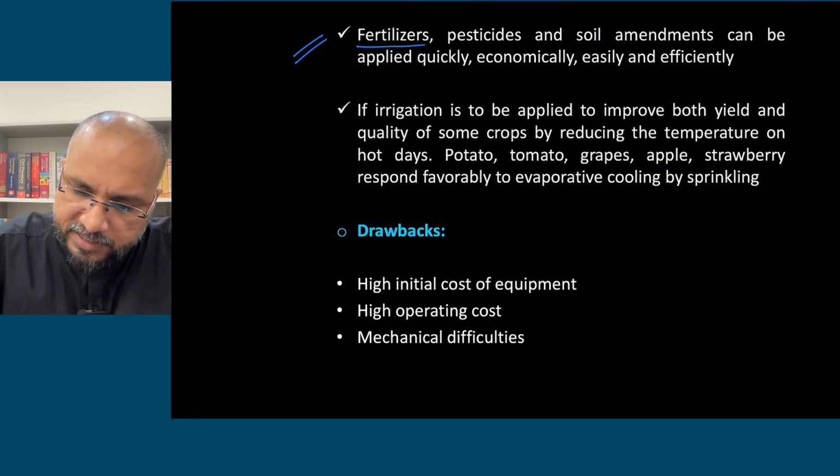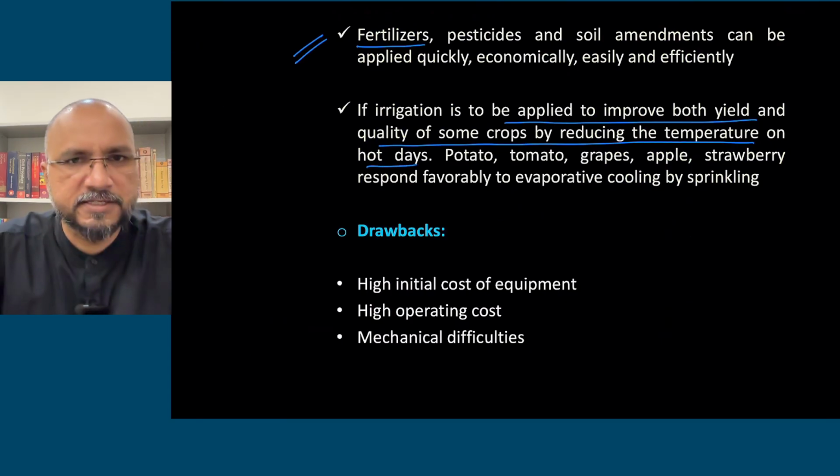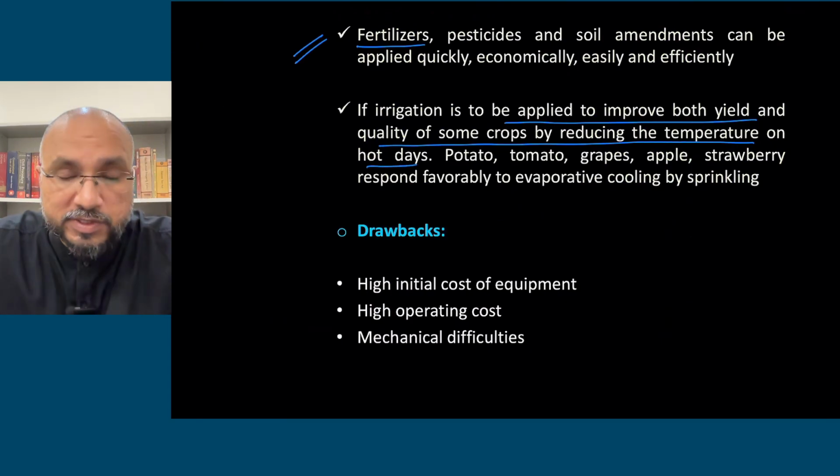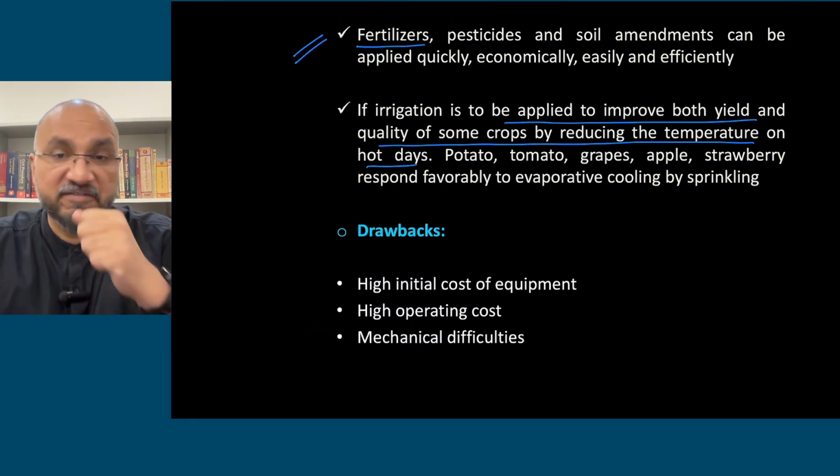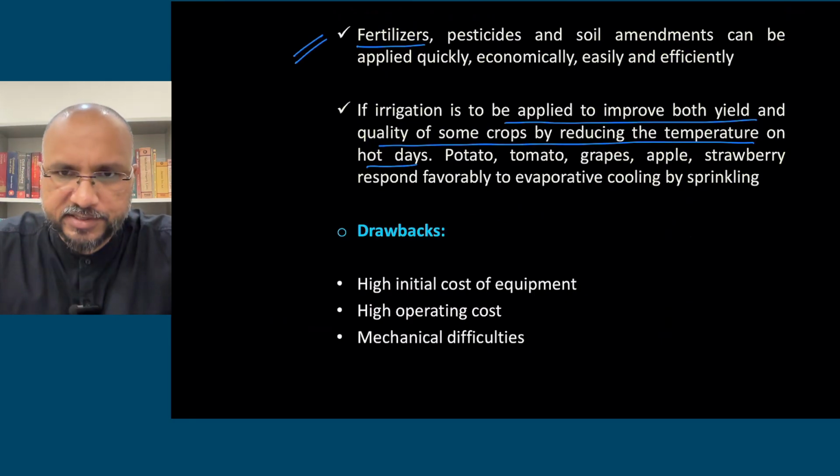So if irrigation is to be applied to improve both yield and quality of some crops by reducing the temperature on hot days or to reduce the chilling injury in winters, you can use sprinkler irrigation system. For example, in all these crops where there can be injury to them because of high temperatures, you can reduce the temperature.